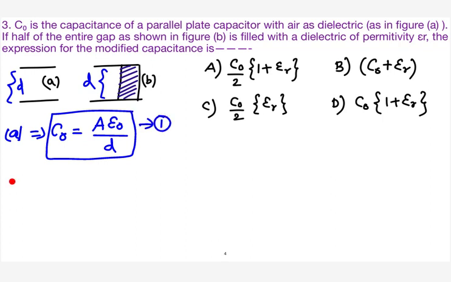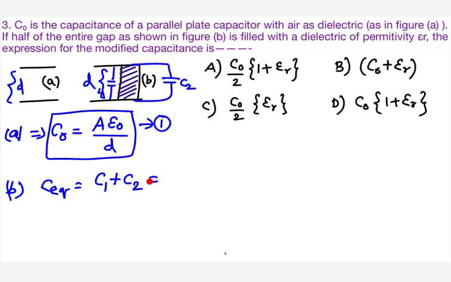In figure B, what happened? This has some capacitance, a free space capacitance, and the dielectric medium has another capacitance. So what will be the equivalent capacitance right now? C equivalent will be equal to C1 plus C2, because both are in parallel, and only half of the area is divided.